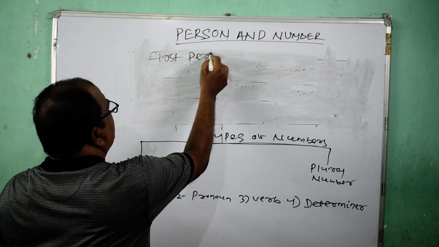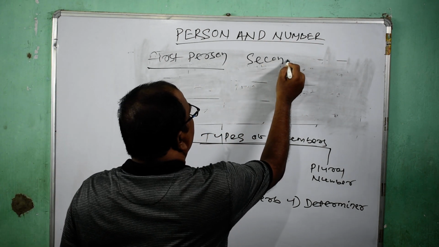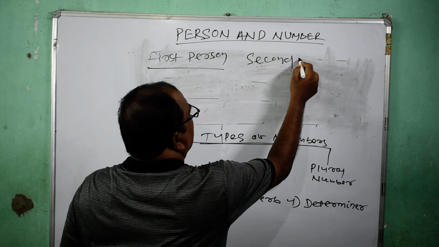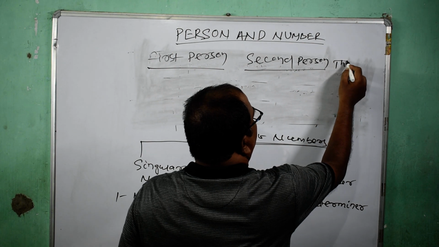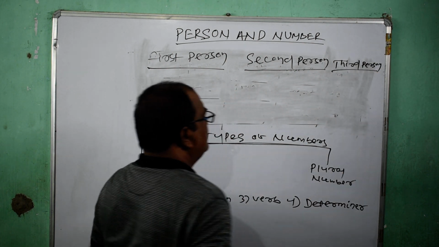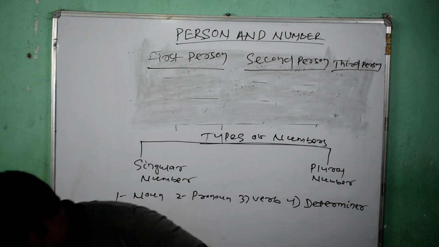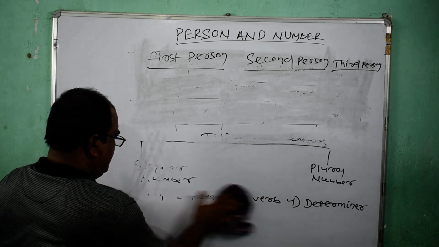First person, second person, third person. There are three types of persons in English. What are they?